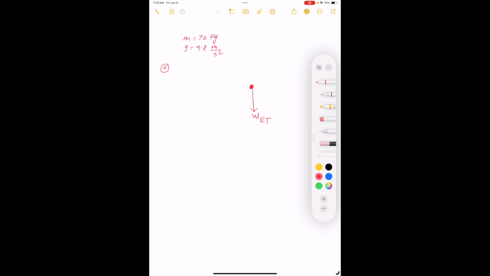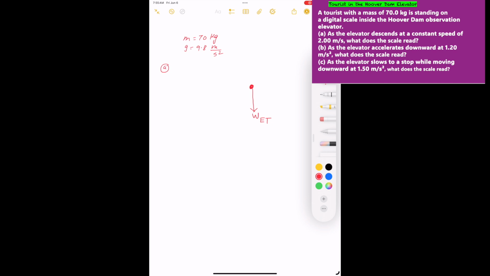This elevator is not accelerating, it has a constant speed. That means the velocity is in the downward direction, which is 2 meters per second, but the acceleration is zero. If acceleration is zero, net force must be equal to zero because of the second law.